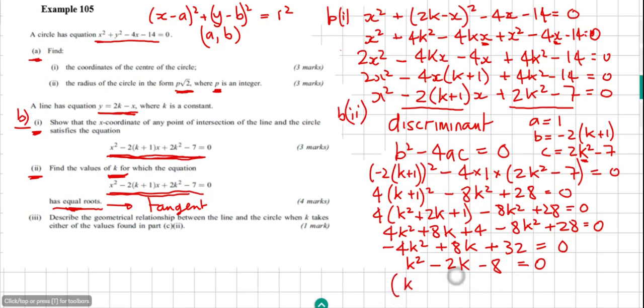So that will give us k at the start of each bracket, and then minus 4 and plus 2. Solving each of those two brackets, the values of k are k equals 4, or also k equals minus 2.